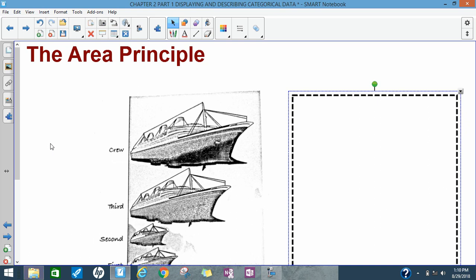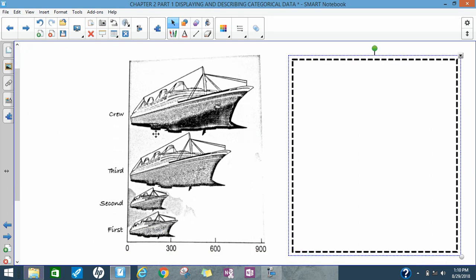One thing to keep in mind when you're trying to create a data display, and we create data displays because when we want to talk about statistics, it's very important to make pictures, visual representations of our data. We have to keep in mind the area principle. So if we look at this picture that I took from the book of the Titanic, it's trying to display the amount of people in each class.